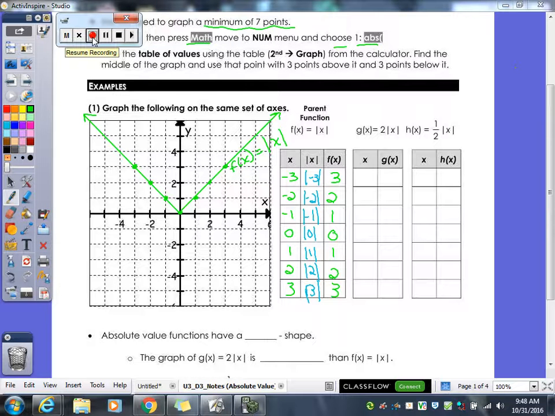So once you have that drawn in there, the f of x equals the absolute value of x, that has a special name to it, and I have it written right up here. That's what we call the parent function. All these different functions we're going to talk about have parent functions. What that means is it's the most basic form of the function.